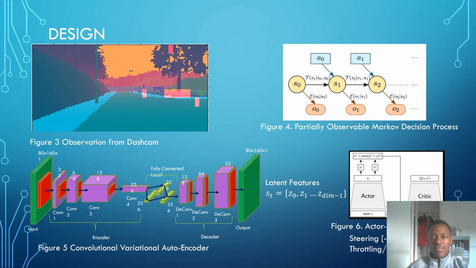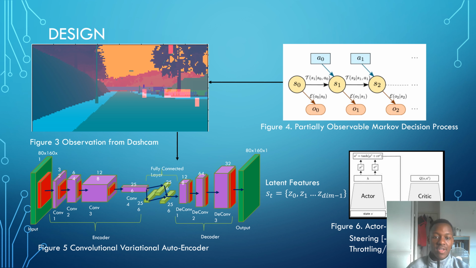This is a partially observable Markov decision process. It receives an observation, which is a state, from the dashboard camera. And as you can see, here is my custom color space. Below is the convolutional variational autoencoder architecture. Its representation is transformed to one dimension. It was previously three.